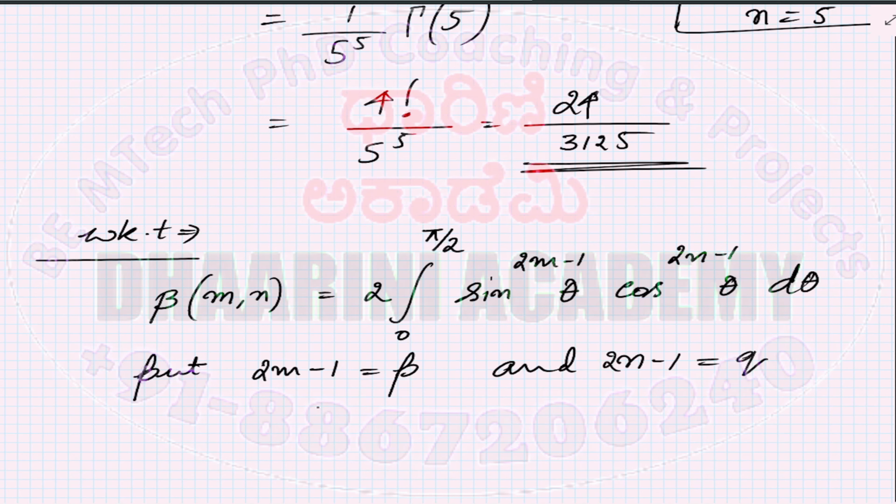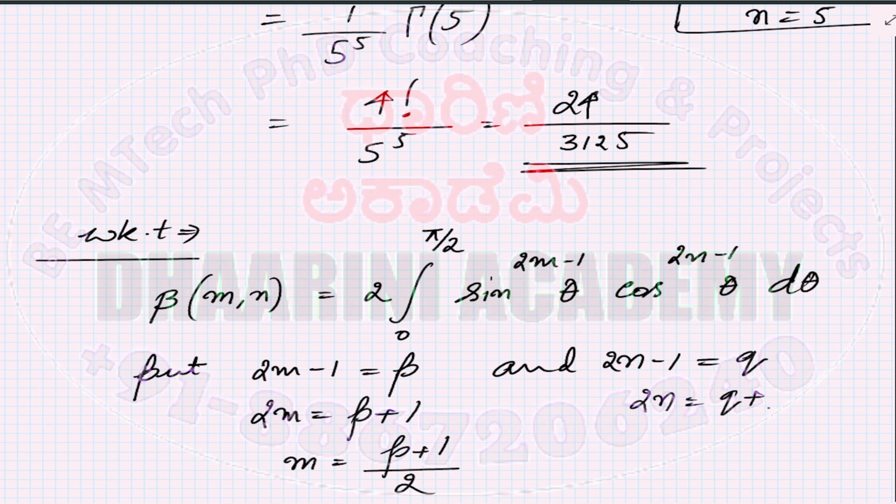All right, so let's do some more calculation. So this means 2m is equal to p plus 1. So m becomes equal to p plus 1 divided by 2. Similarly, on the other side, 2n is equal to q plus 1 and n becomes equal to q plus 1 by 2.